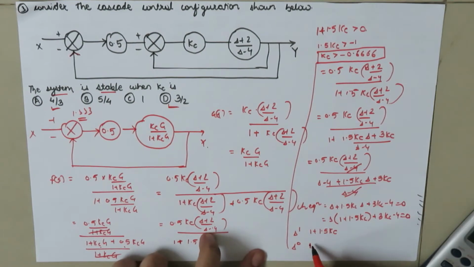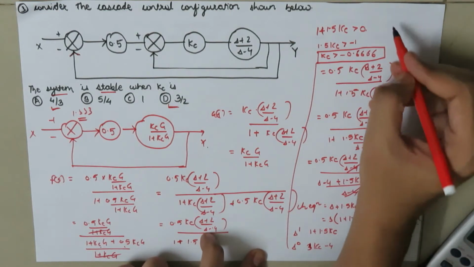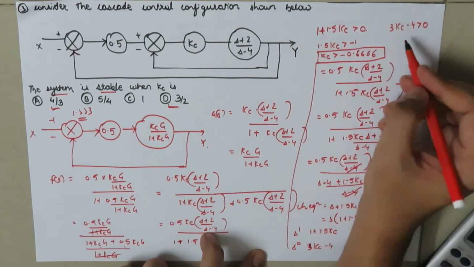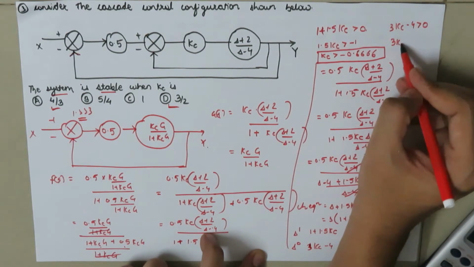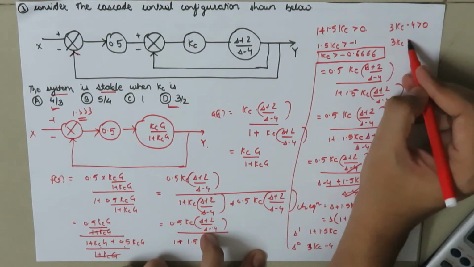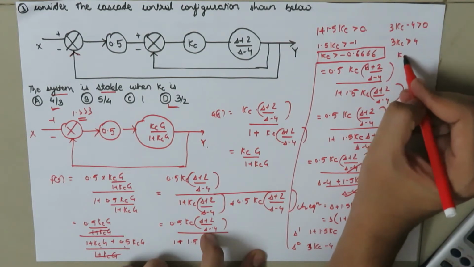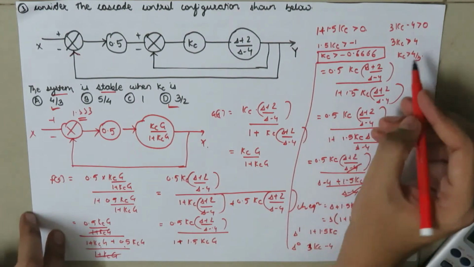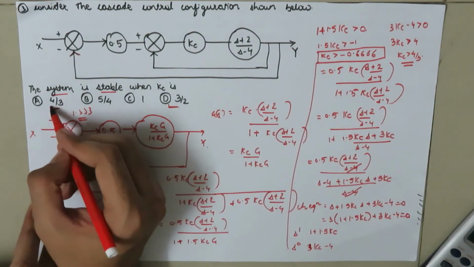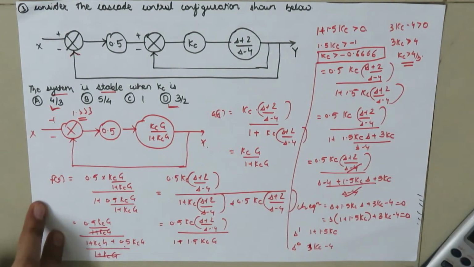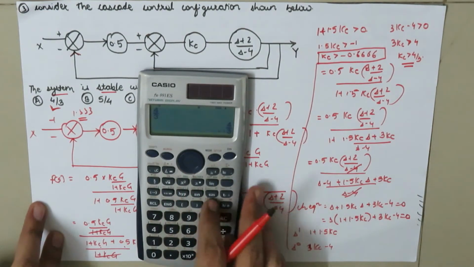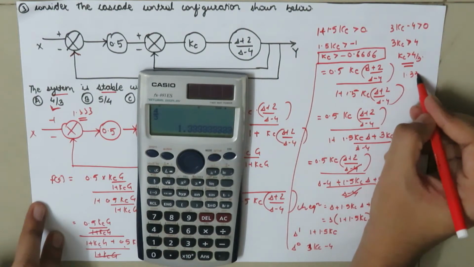So this is 3 Kc minus 4, and in this case 3 Kc minus 4 should also be greater than 0 for the stable system. So 3 Kc should be greater than 4, so Kc should be greater than 4 by 3, and this is for all the positive cases, and in the options we have all positive values. So we are going to check that 4 by 3 is 1.333.